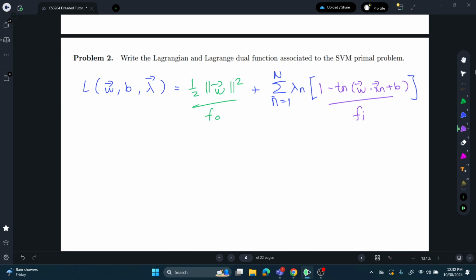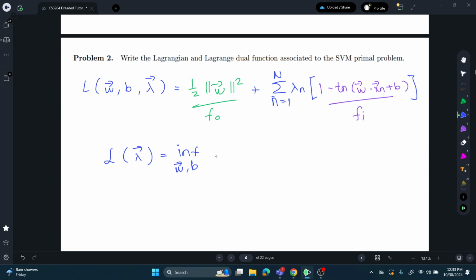Okay, so when we want to derive what is the Lagrangian dual, the Lagrangian dual now should no longer depend on my w as well as my b. It should only depend on what is the lambda value. So with this, then I will derive my Lagrangian dual. This is my Lagrangian dual that depends only on the lambda. This is just taking what is the lower bound with respect to any possible value of this w and b.